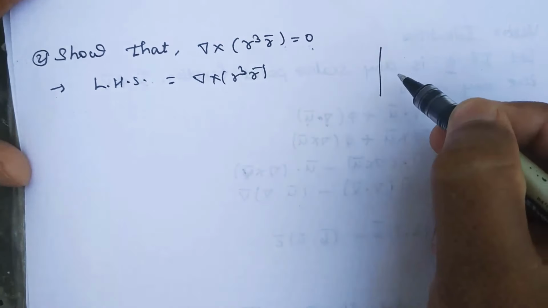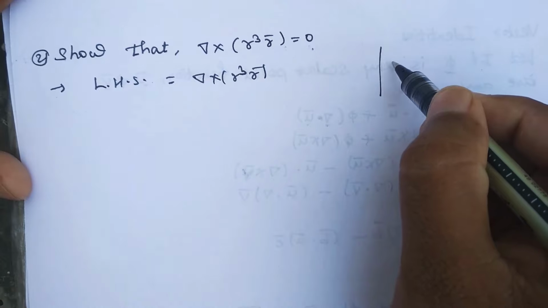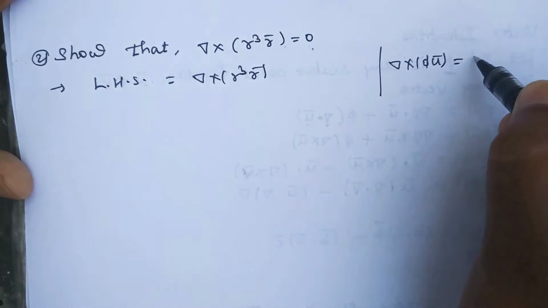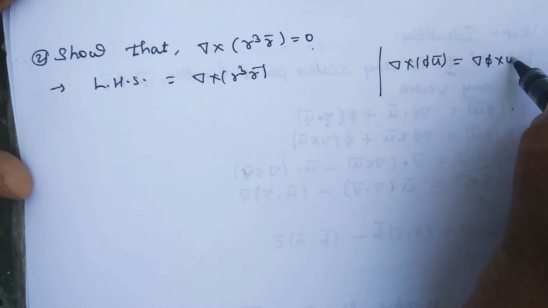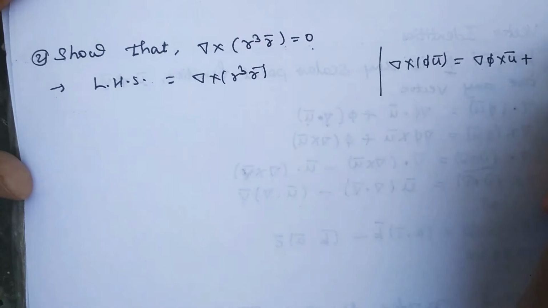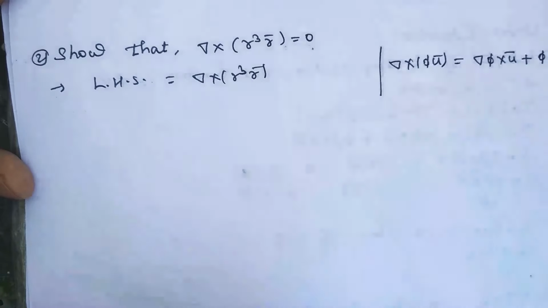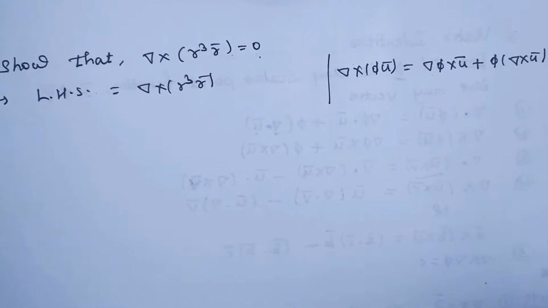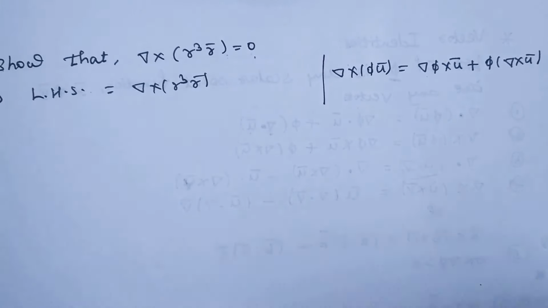Now we already learned the second vector identity. What is the second vector identity? Del cross phi u bar is equal to del phi cross u bar plus phi into del cross u bar. By using this identity, we are going to prove this.